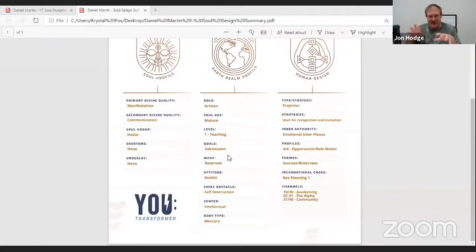We've kind of gotten over into the earth realm profile a little bit. The earth realm profile is the energies that you're using to learn and have catalyst. Some of these things create catalyst in your life, so you have to learn how to do something and learn how to use energies the right way, in a positive way. So we've already identified that you're a true artisan type, and you're a mature soul.